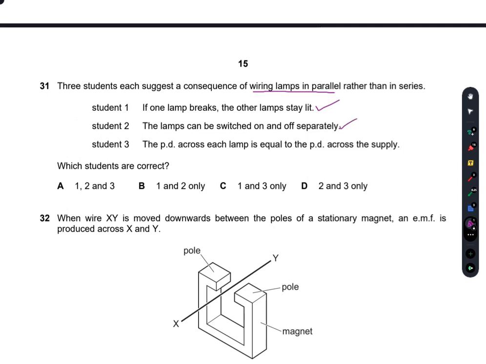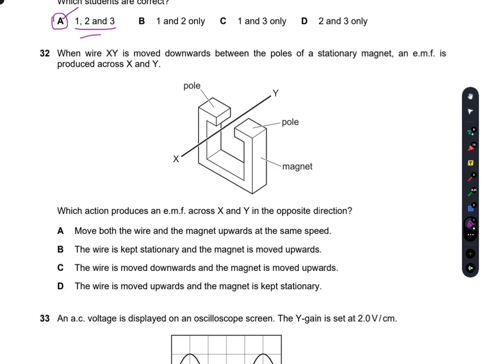Yes, if we apply a switch, then we can turn them on and off separately. Whereas the PD across each lamp is equal to the PD across the supply. Yes, the voltage remains the same. So all three students are correct and their statements are true. So A is the right option.